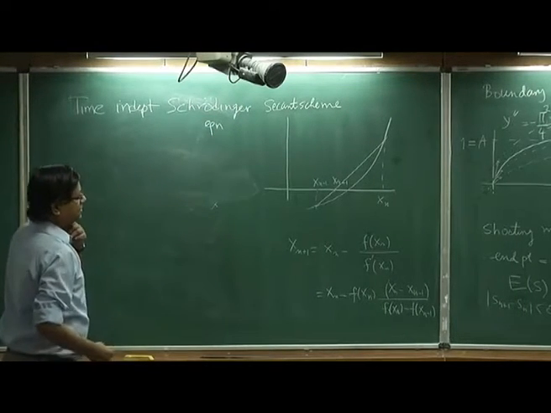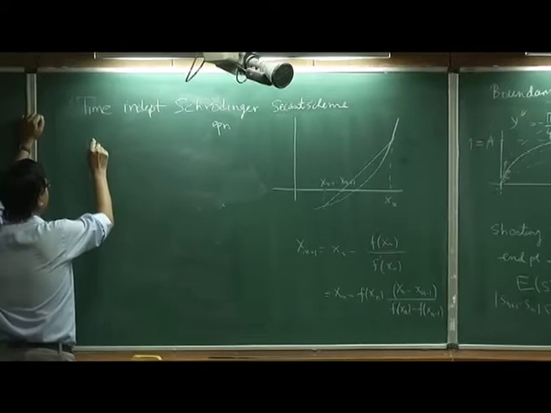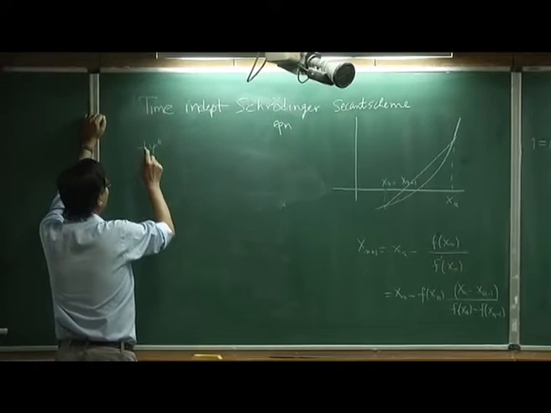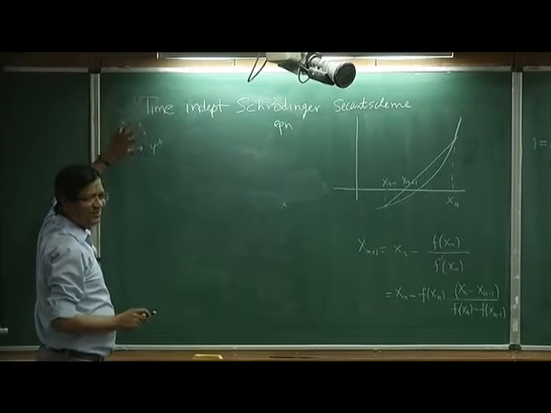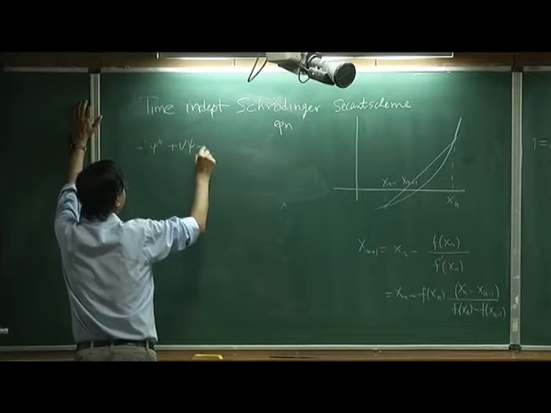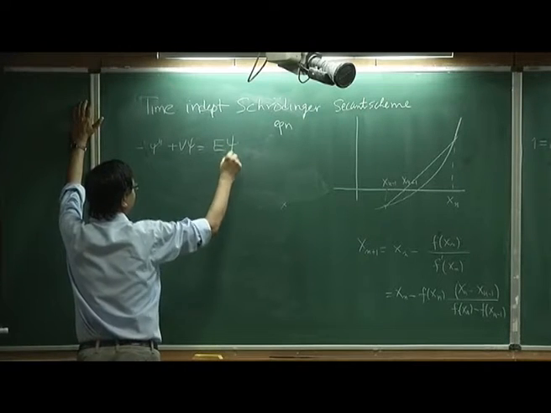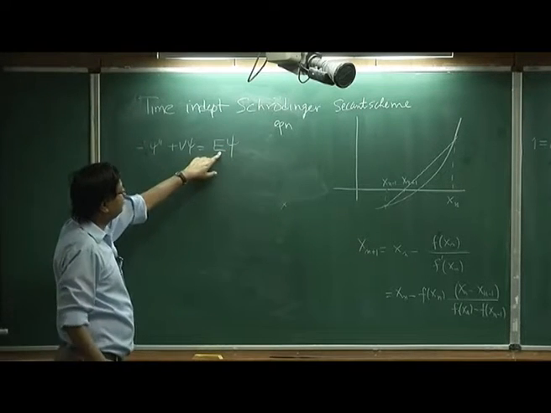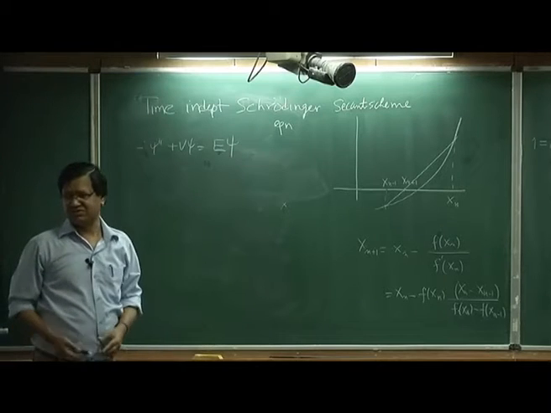So it is psi double prime, I will remove the h bar squared over 2m and all that, plus v psi is equal to e psi. So e is the eigenvalue and psi is my eigenfunction.